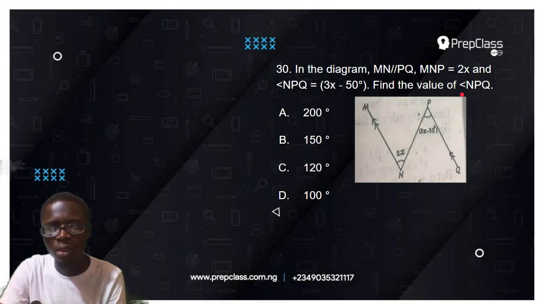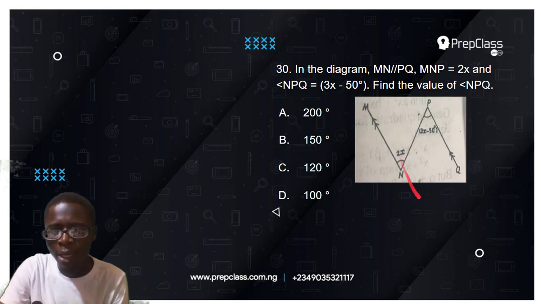Proceeding to the last question in this video, it says, in the diagram, MN is parallel to PQ. Take note of that. MNP is equal to 2x. MNP, so we're referring to this angle, is equivalent to 2x.